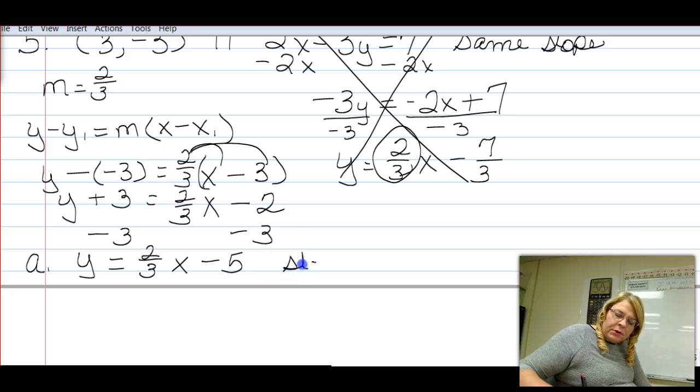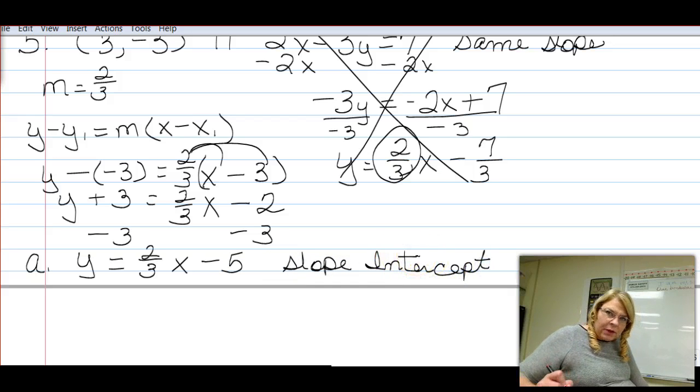They ask for slope intercept form. Part B of this question asks for standard form. Again, to get standard form, I've got to get x and y together. I do that by subtracting the x from the side with the constant.